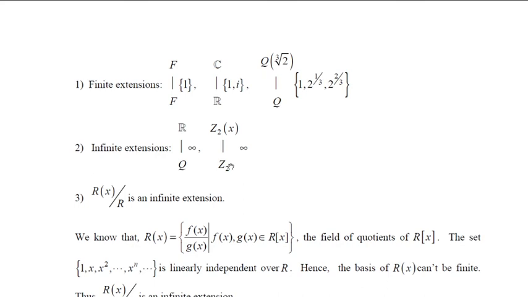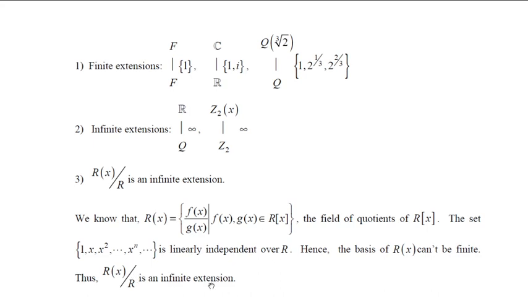You should note that it needs infinitely many elements in the basis to generate, say, 1, x, x square, x cube, etc. In general, R(x) over R, where R(x) is the field of quotients of R[x], that is, of the form f(x) by g(x), can be generated by 1, x, x square, etc. In fact, this is linearly independent, hence the basis of R(x) cannot have finitely many elements. Therefore, R(x) over R is an infinite extension in general.